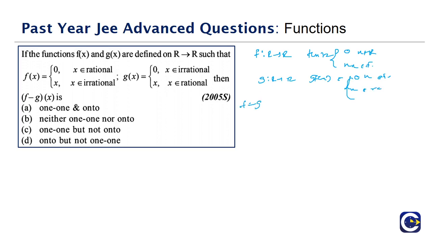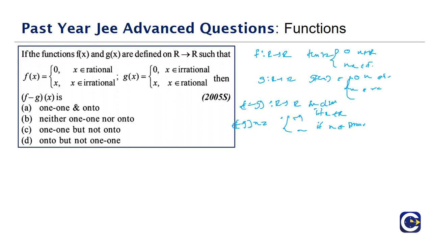So f minus g from R to R such that f minus g of x is equal to minus x if x belongs to rational numbers, and x if x belongs to irrational numbers. So for the answer to this question, we should find whether it is one-one or onto.